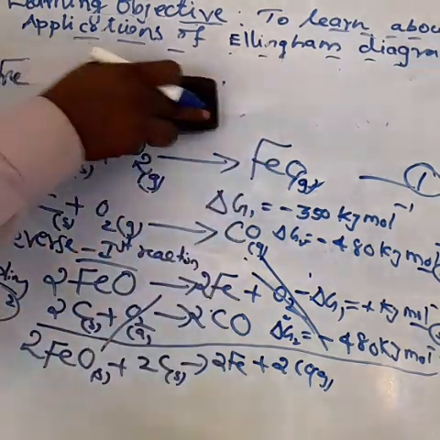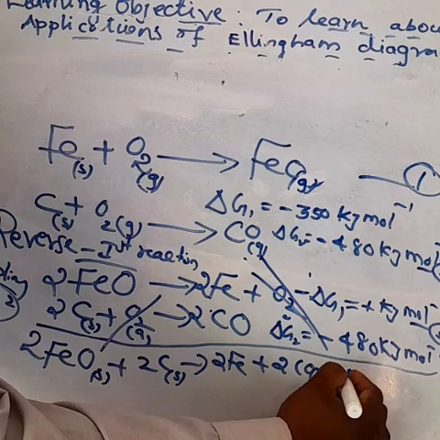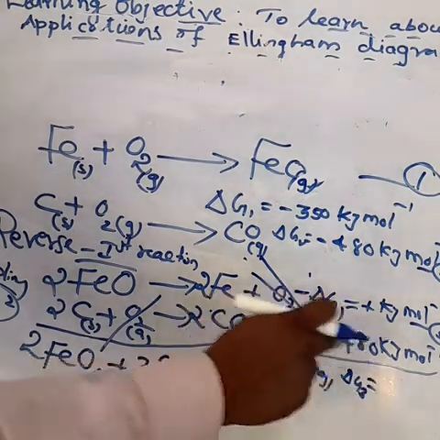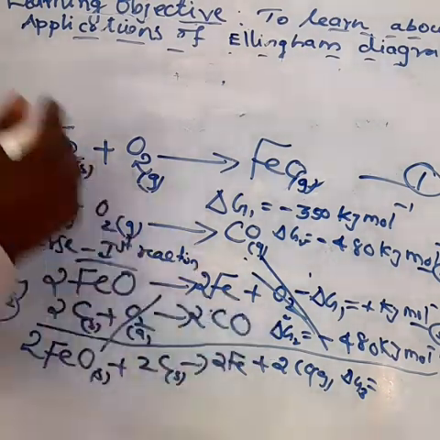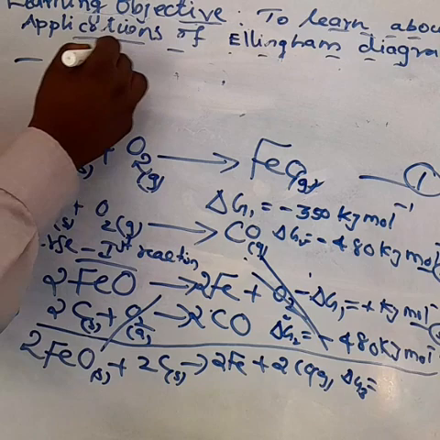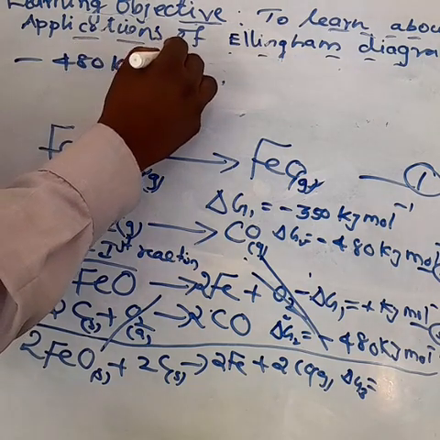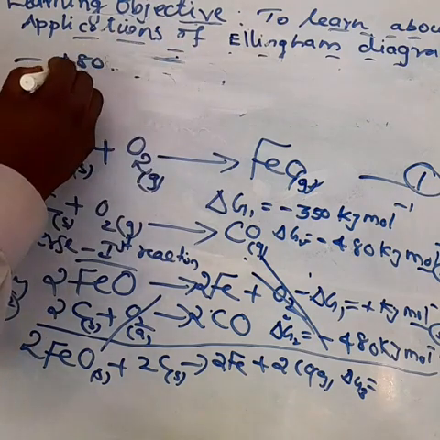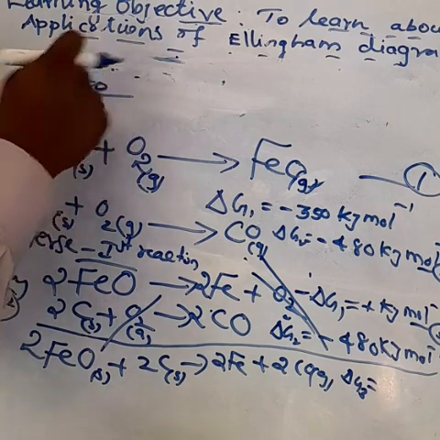Okay, this can be written as delta G3 is equal to, we have to subtract the value, that is the first value, minus of 480 kilojoules, minus 350, we get minus 130 kilojoules mole inverse.